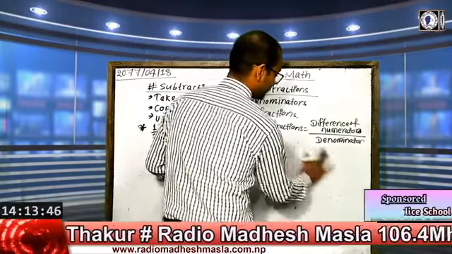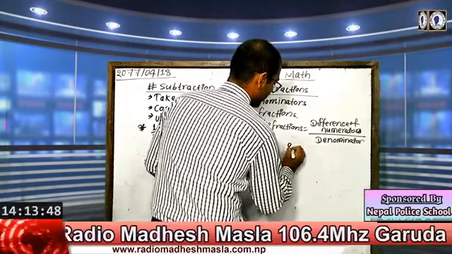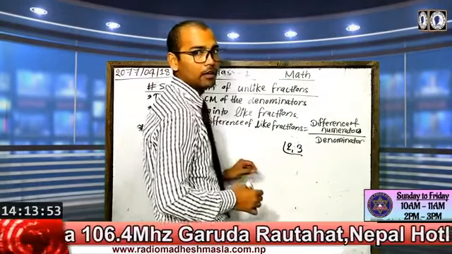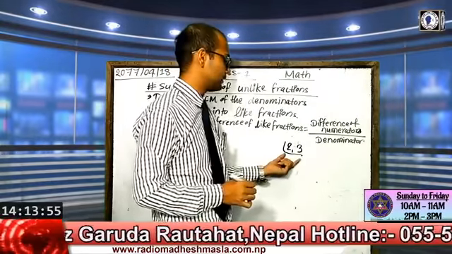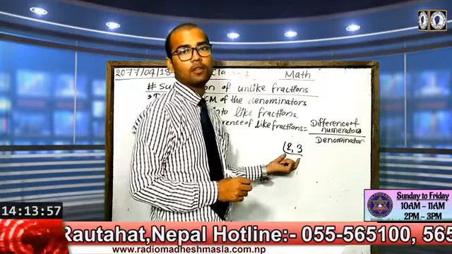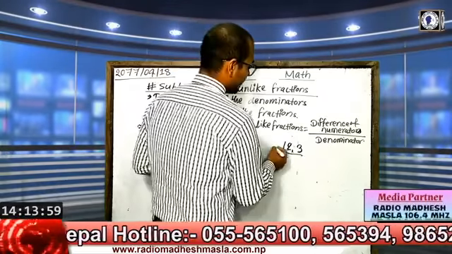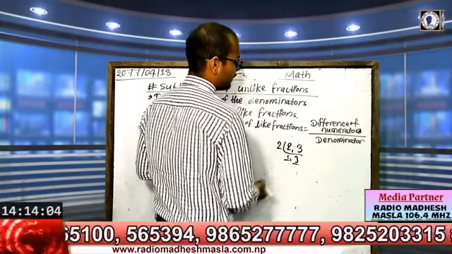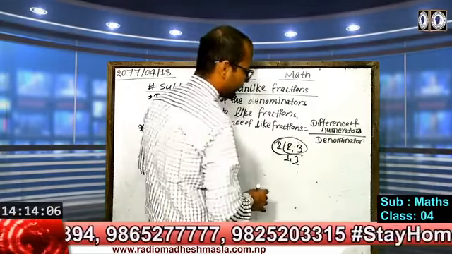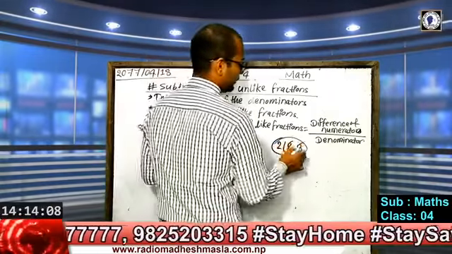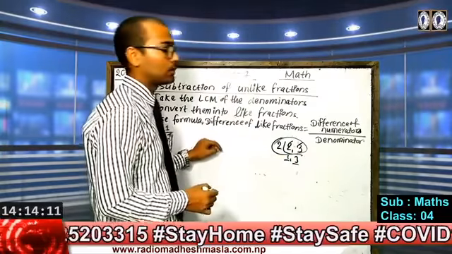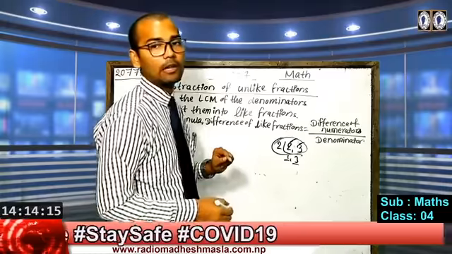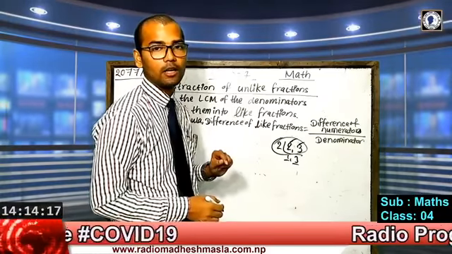So here, 2 and 3. Is there any common number that can divide both? No. Both numbers 2 and 3 are prime numbers. So we can multiply them with each other to find the LCM.